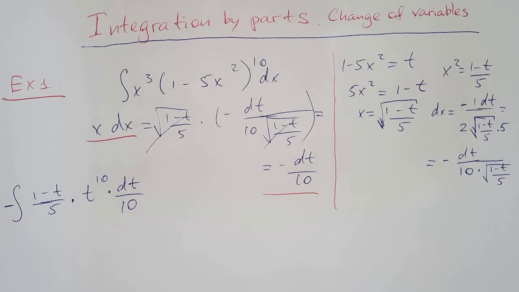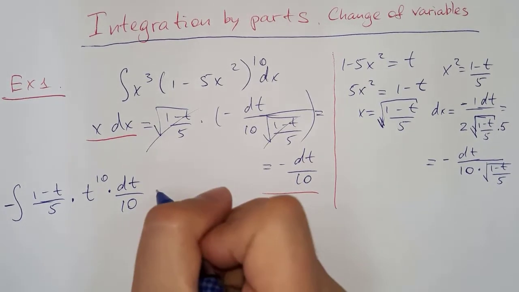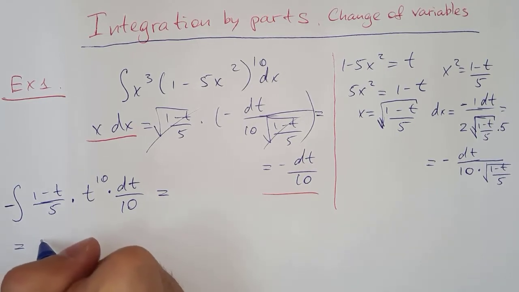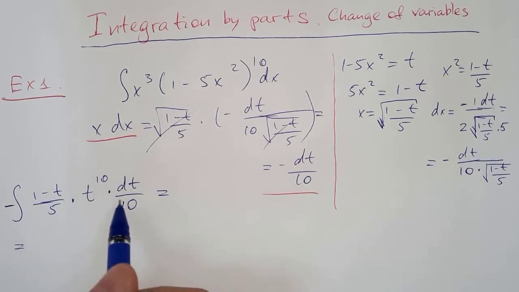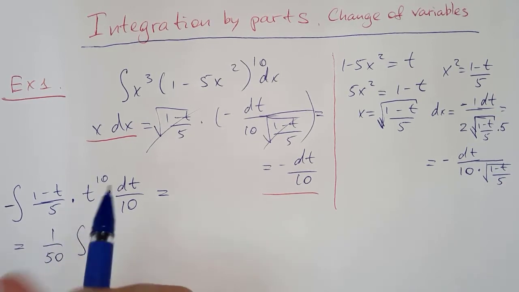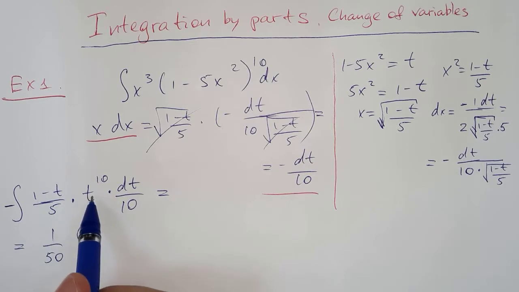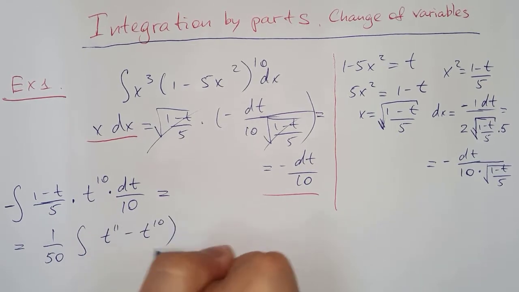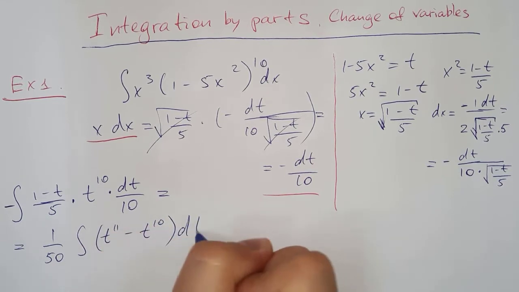So now let's continue. Here we have the integral, 1 over 50, of (t to the 10th minus t to the 11th), or if you want to write (t to the 11th minus t to the 10th) dt.